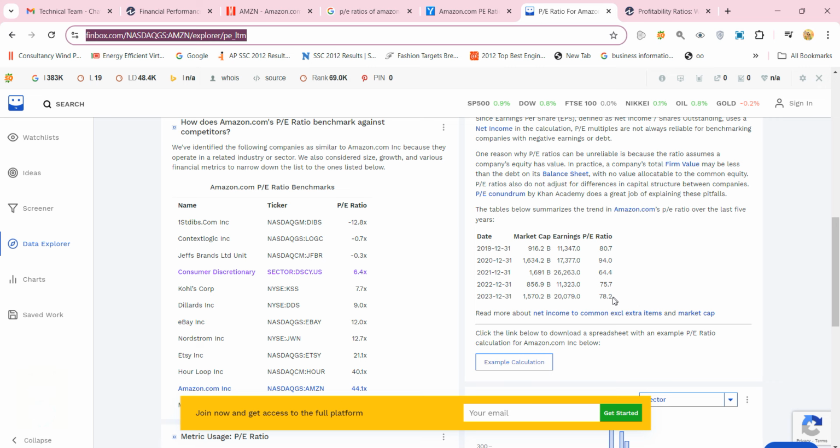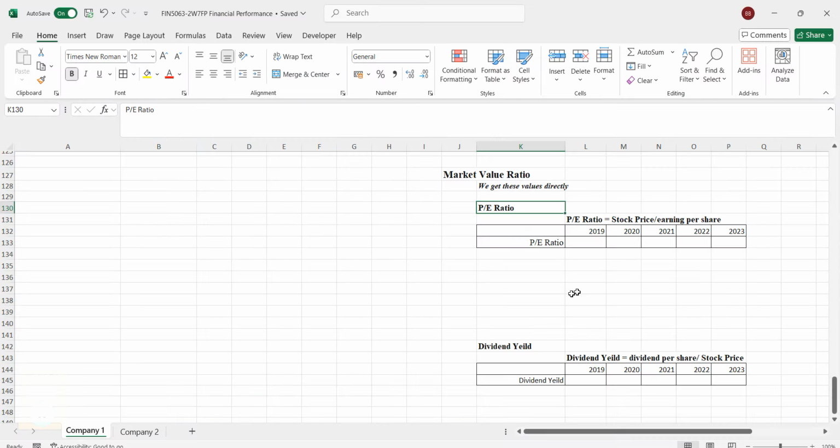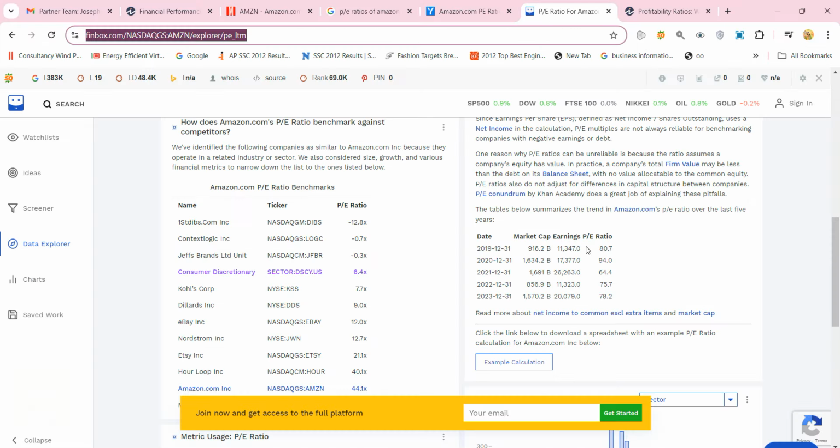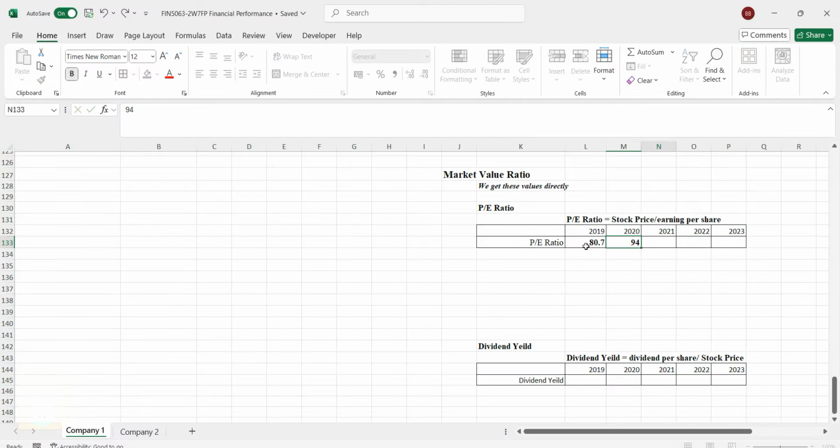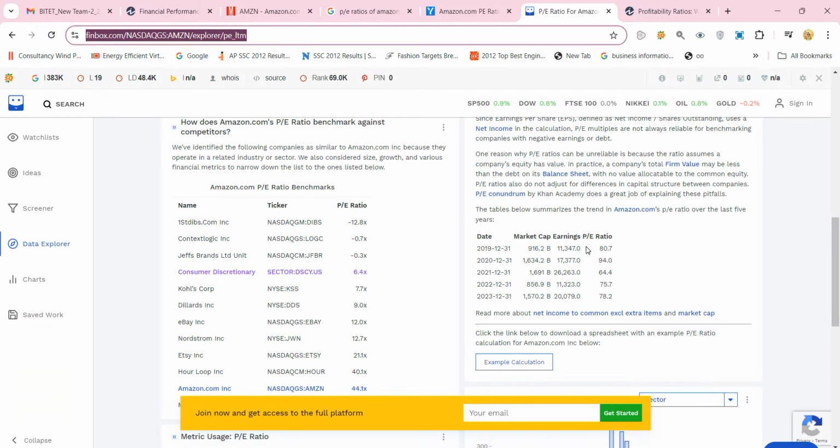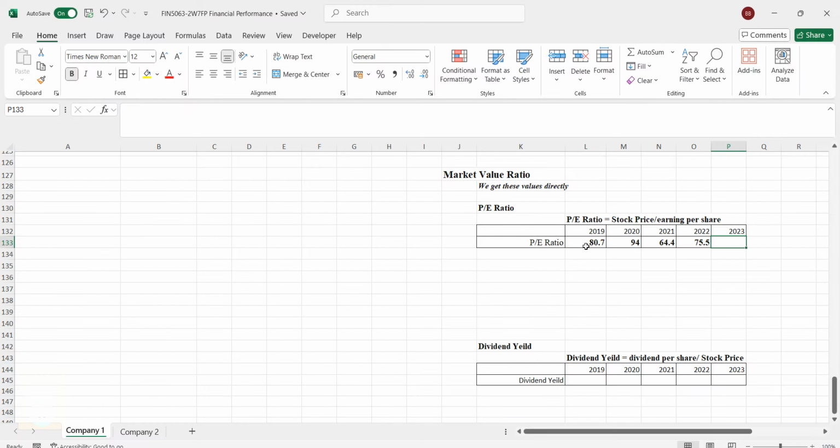So that is 78.2 in 2019. It is 80.7. Next, it is 94. Next, it is 64.4. Next, it is 75.7. Next, it is 78.2.